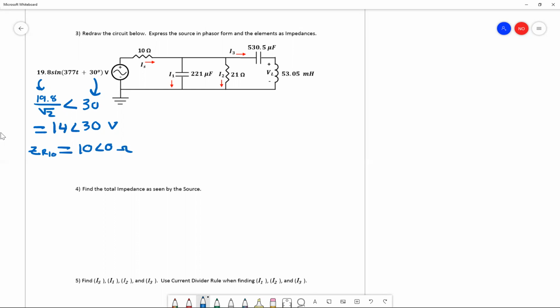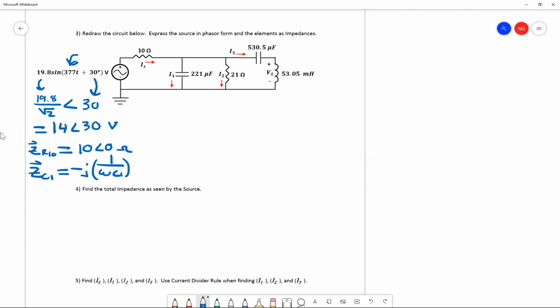The next one is going to be this capacitor right here. So that's ZC1. And that equation is going to be negative J 1 over omega C. So remember, omega can be found by taking a look at the voltage source.